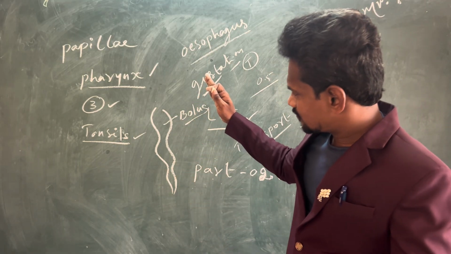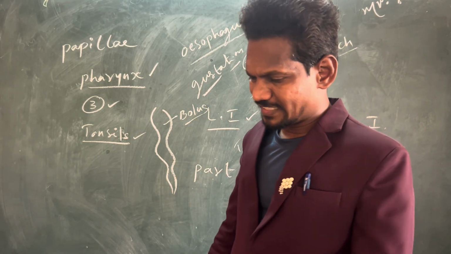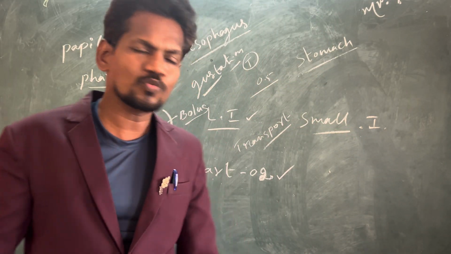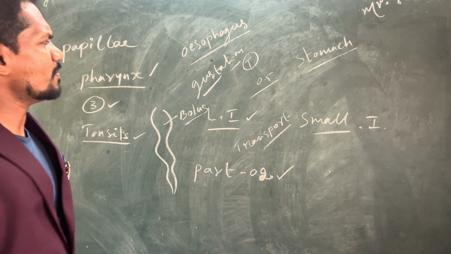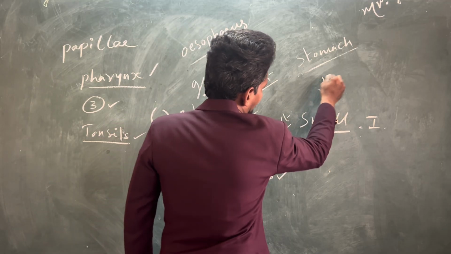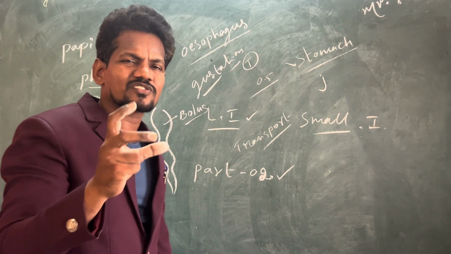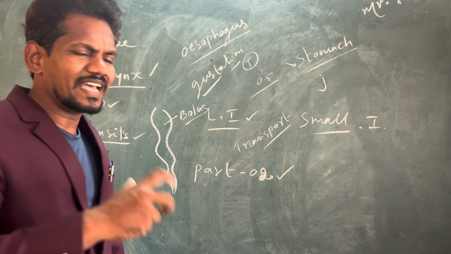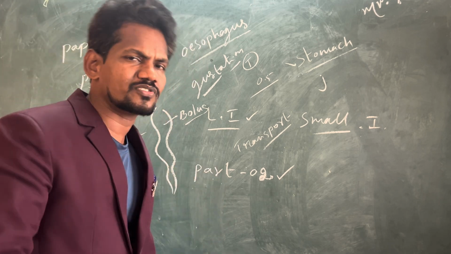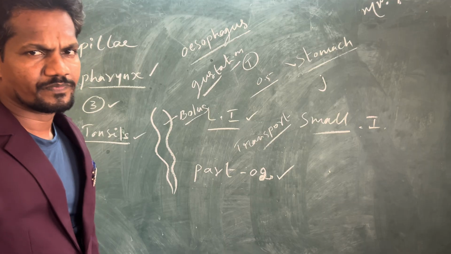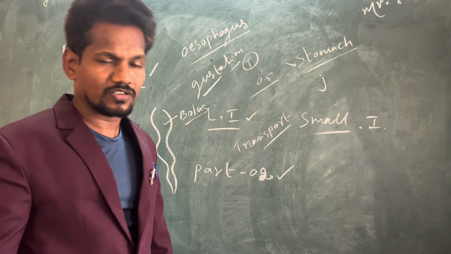Why should peristalsis occur in the esophagus? To protect the stomach. The stomach is an irregular J-shaped, delicate, extensible, stretchable pouch. If the bolus enters the stomach directly, it will definitely be damaged or torn.